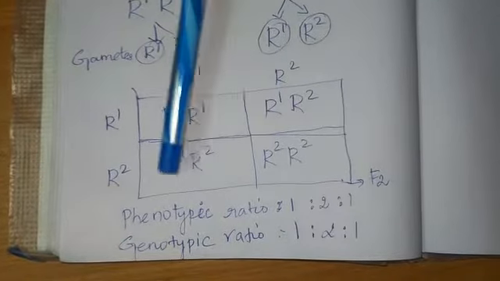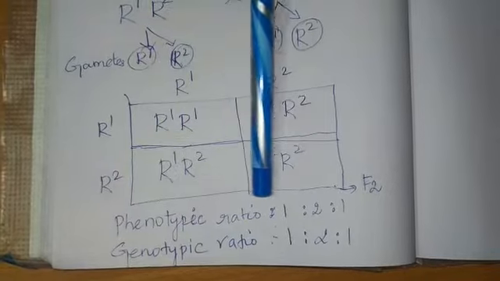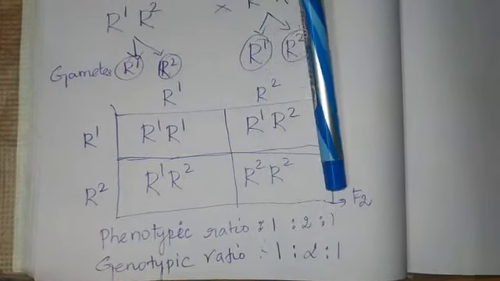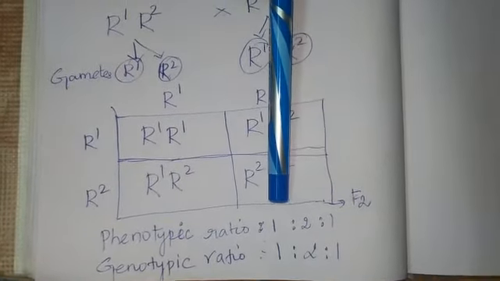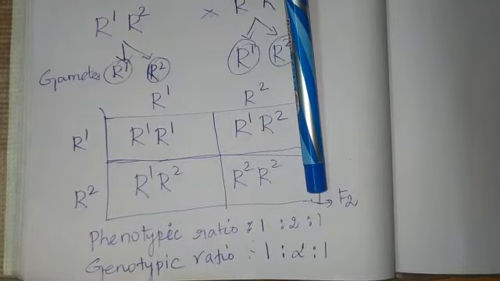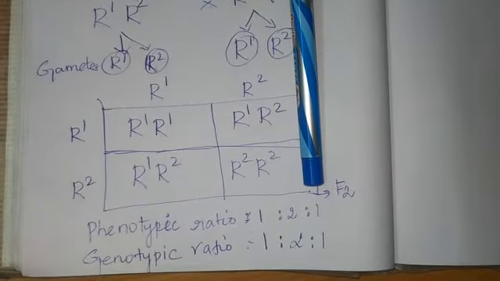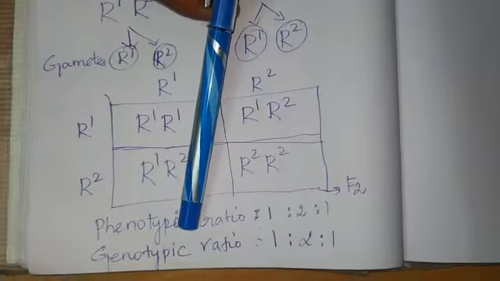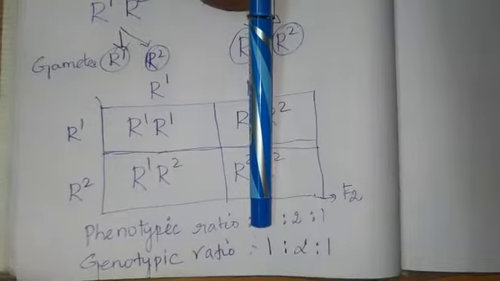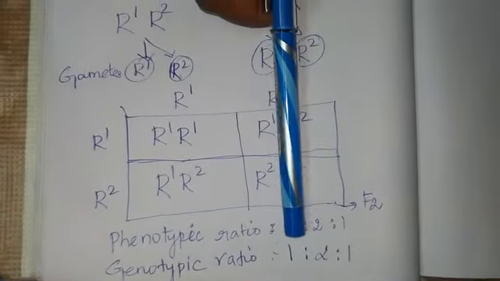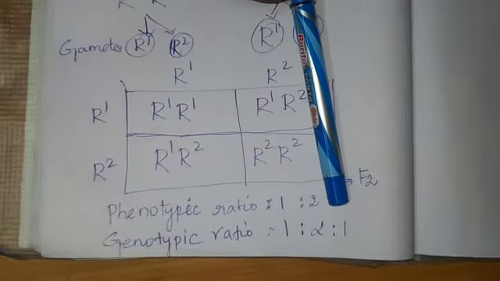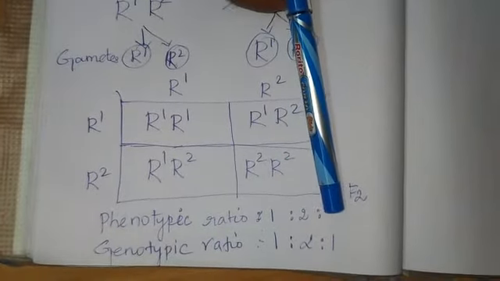In this case, the phenotypic ratio of incomplete dominance is 1:2:1: one red, two pink and one white flower are produced. The genotypic ratio is the same, 1:2:1: one R1R1, two R1R2 and one R2R2.